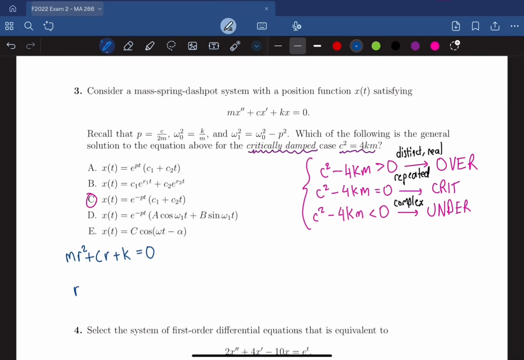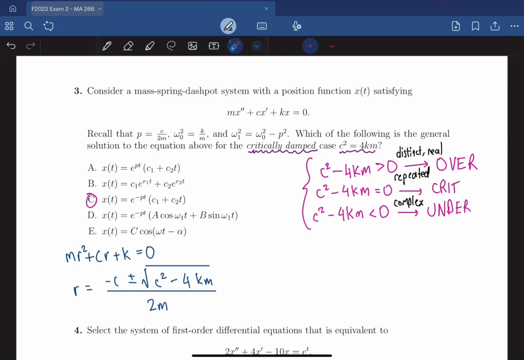So we have r equals negative b plus or minus the square root of b squared, in this case it's c squared, funny enough, minus 4ac, where a is m and c is k. We just make this km, and all over 2a, which is 2m.